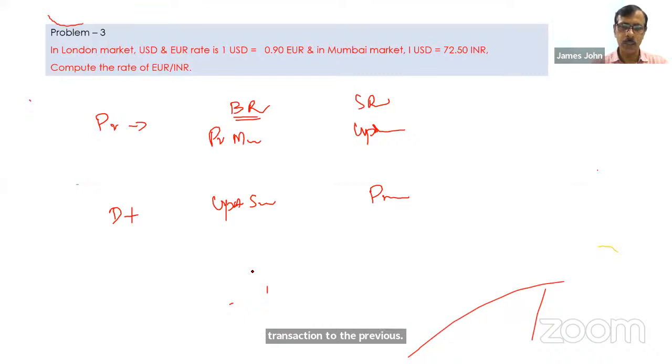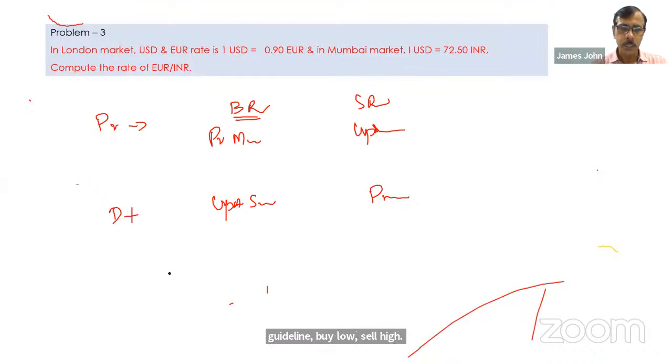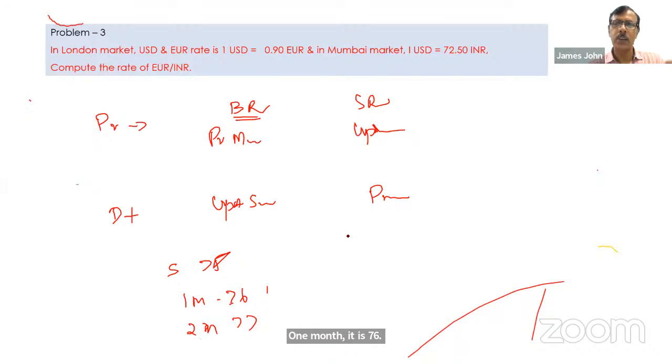This is the correct procedure because we follow the guideline: buy low, sell high. When a currency is at a premium, suppose the spot is 75, 1 month is 76, and 2 month is 77. If it is a buying transaction, 2 month is the delivery period, so the customer can come any day during the second month.